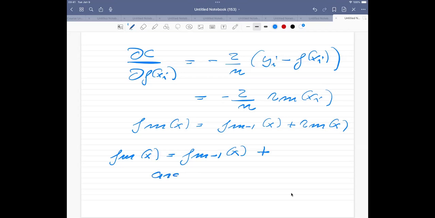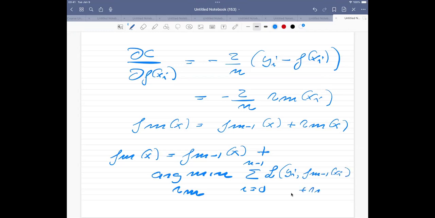And what we have here is simply, in the optimization, the gradient of the loss function. So we are simply optimizing this function here, L of y of i, f of m minus 1 of x of i, plus this r m of x of i. And this is a function which we are optimizing.